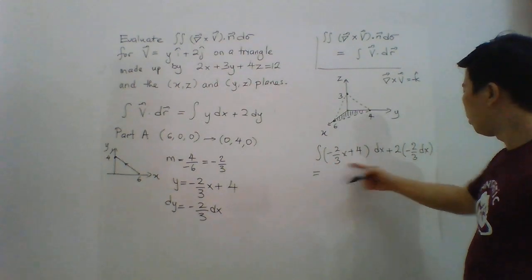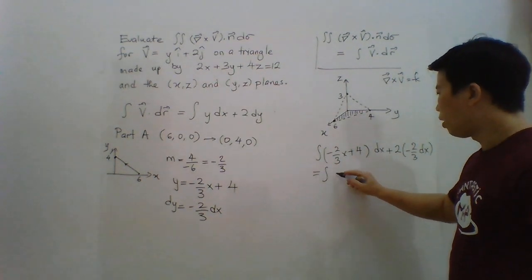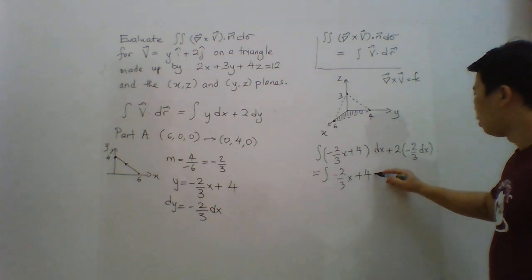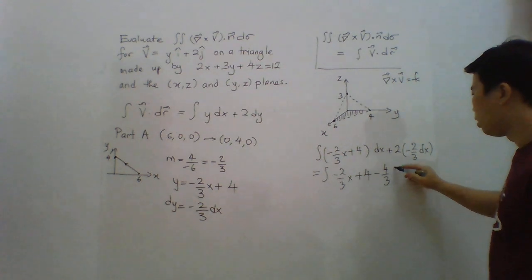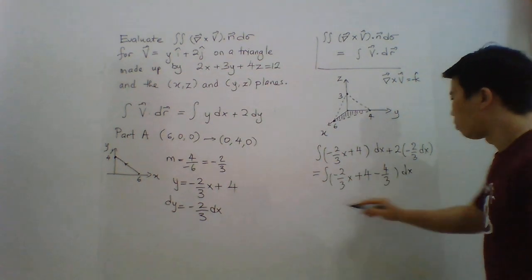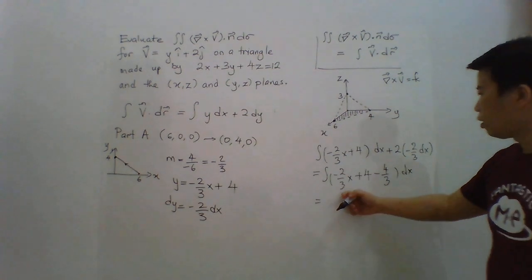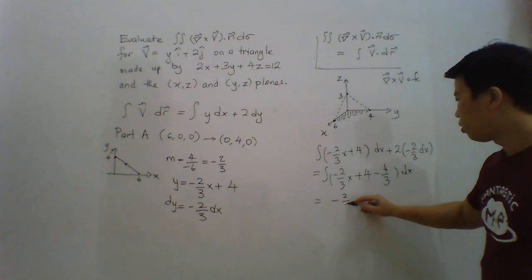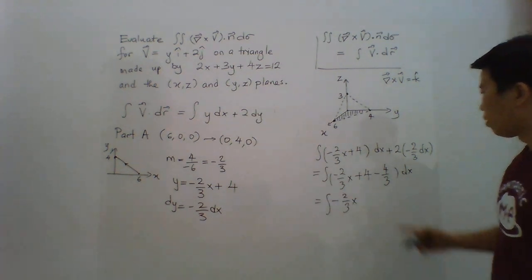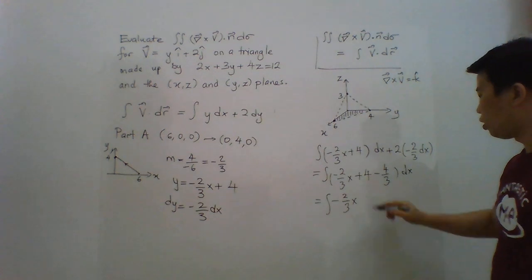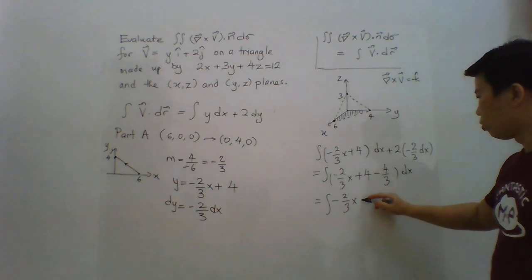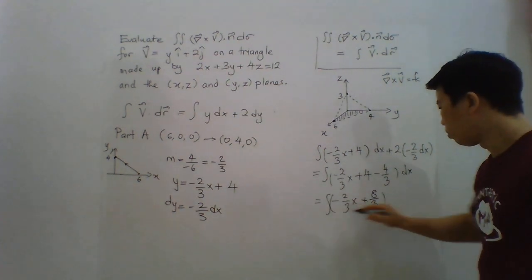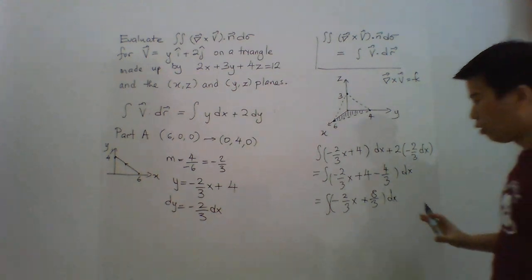And here, let's simplify it, so negative 2 over 3x plus 4 minus 4 over 3 is the whole thing dx. So here this is going to be negative 2 over 3x. This is 4 times 3, this is going to be 12. So this is going to be plus 8 over 3 dx. So now we can evaluate this integral.